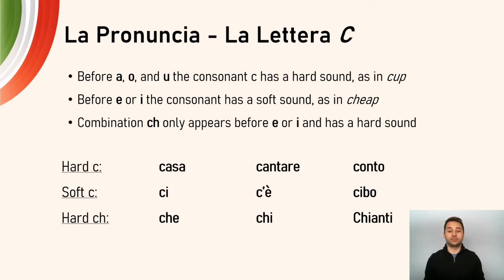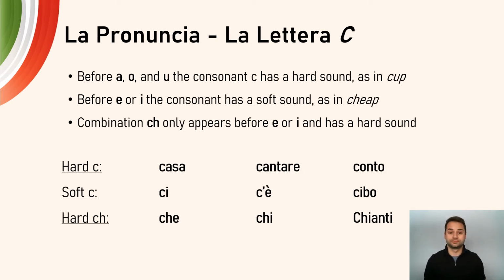Let's take a look at some examples. A hard C could be, for example, casa. Say casa. Cantare. Say cantare. Conto. Say conto. What about that soft C?